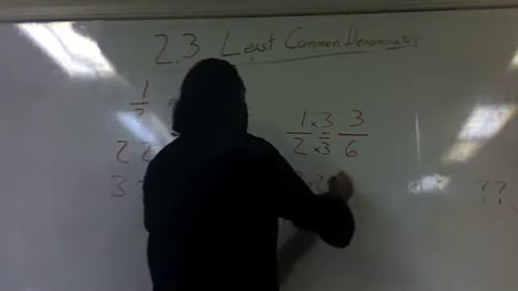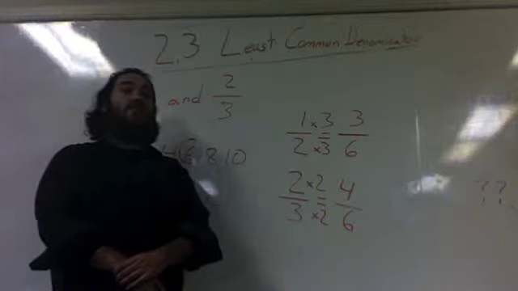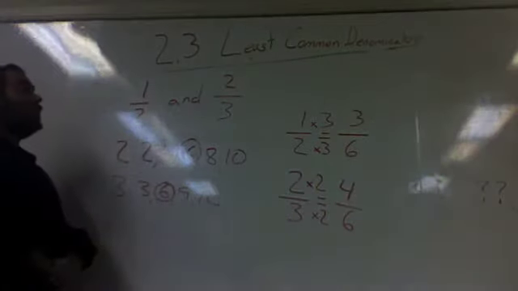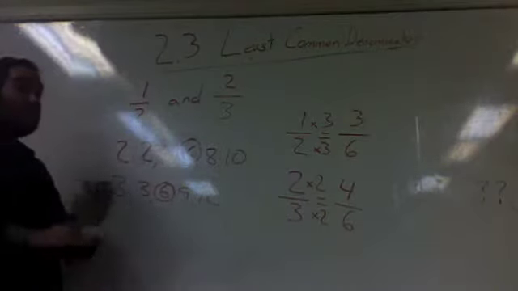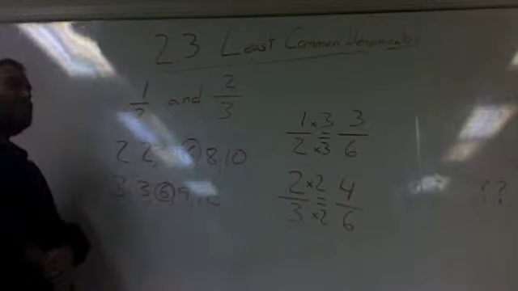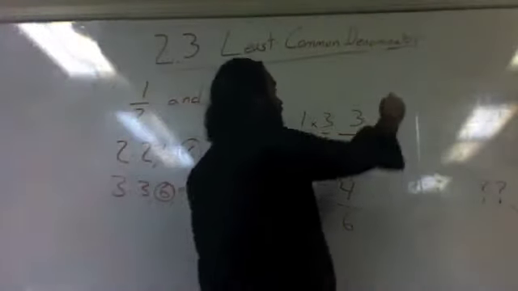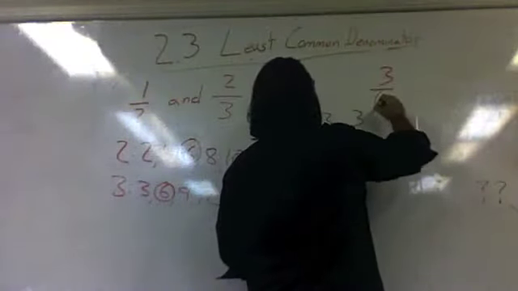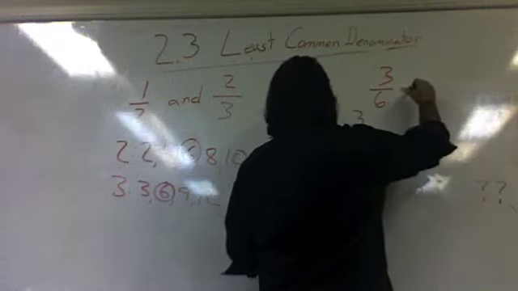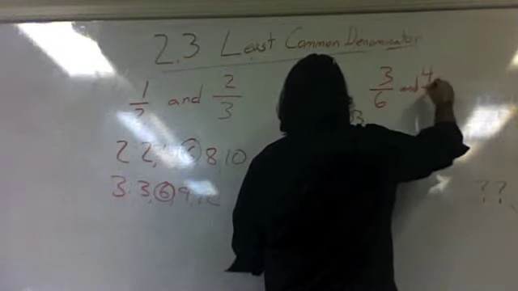This gives us an answer of 4/6. So now we've turned our original two fractions, 1/2 and 2/3, which while they're beautiful in simplest form, are not particularly easy to work with together, into two fractions that have the same denominator, 3/6 and 4/6.